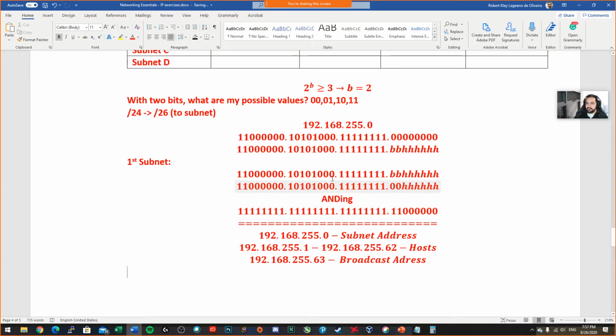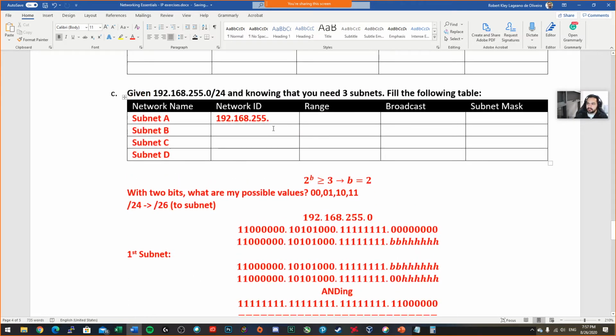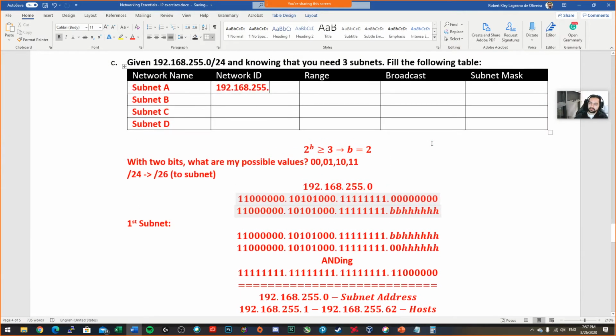Now let's do this. We have finished the first subnet. Congratulations. So we can fill up the first row of the first table. Subnet A, what's the network address? 0. What's the range? 192.168.255.1 to 62. I'm just gonna put it like this because I'm lazy. Okay, and what's the broadcast? 192.168.255.63.